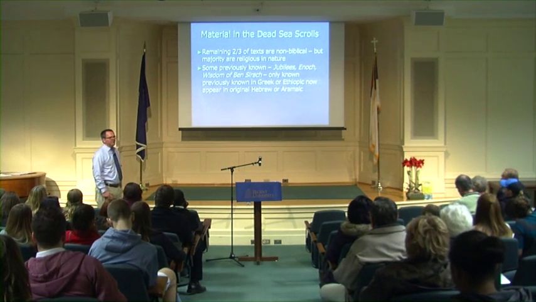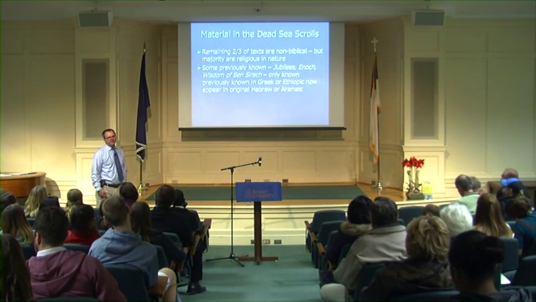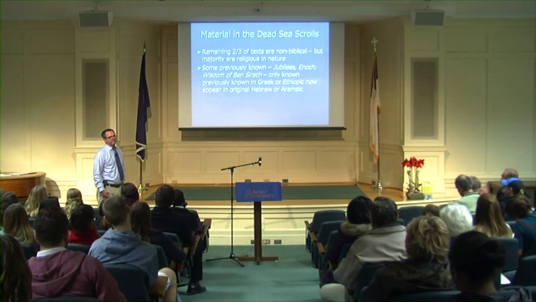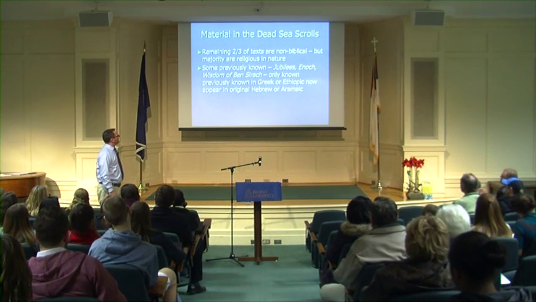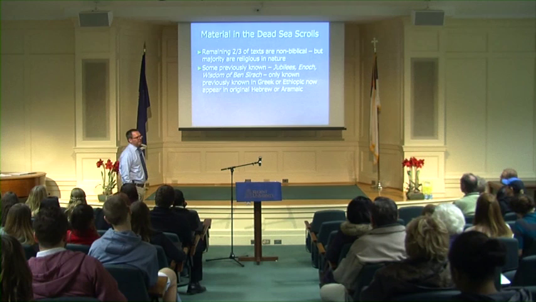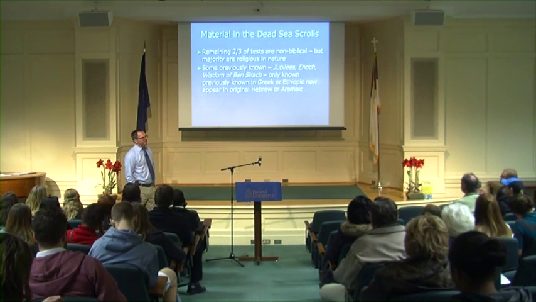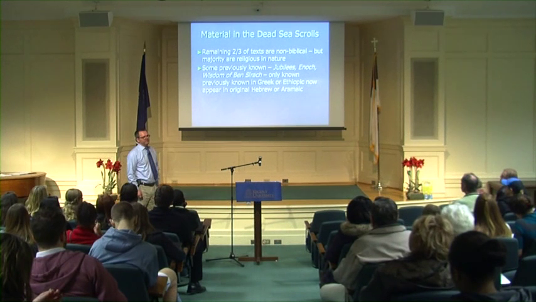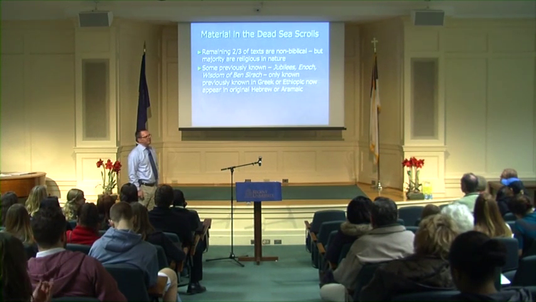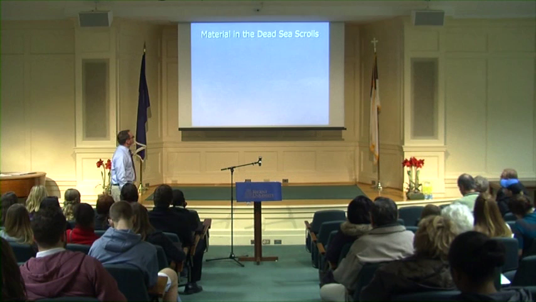They were only known previously in Greek or Ethiopic, but now we have some original texts from the closing centuries BC that are in Hebrew and Aramaic. So we now have another tool of investigating some of the theology or the worldview of these particular texts.